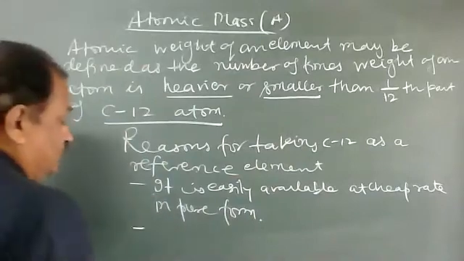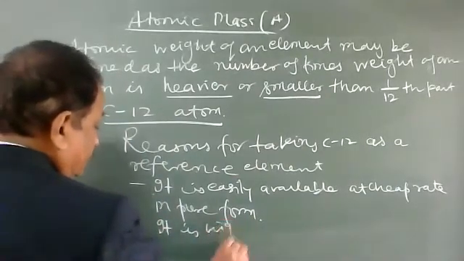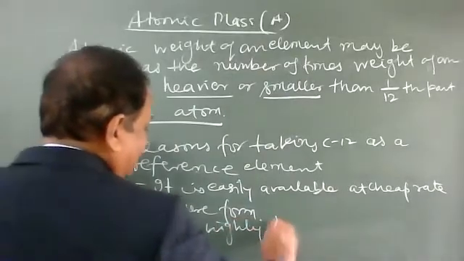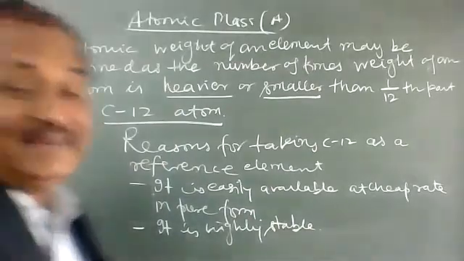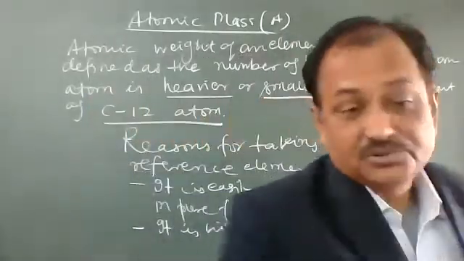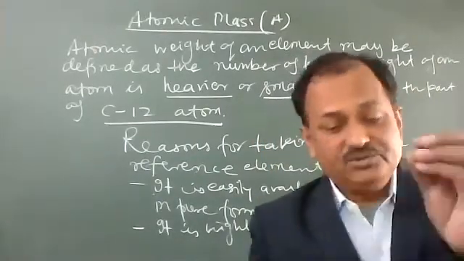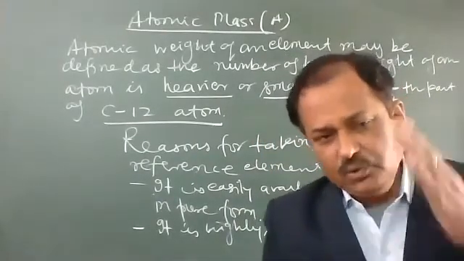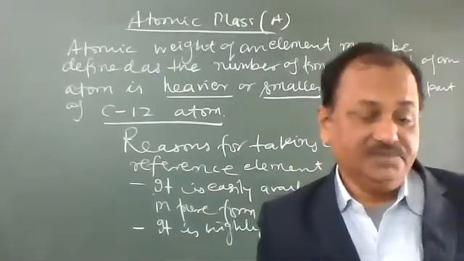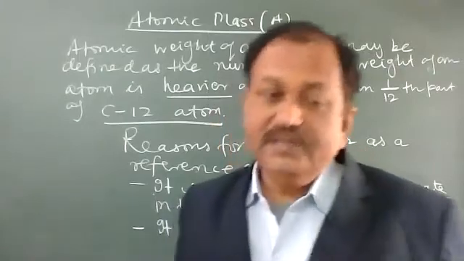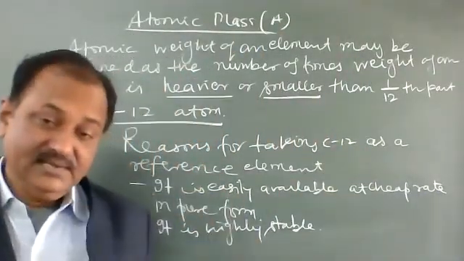And the last point is that it is highly stable. Highly stable means it does not react easily on its own. Like you all must know, when we keep a piece of coal, it remains as it is for hundreds of years. Coal is found in nature, in the mines.